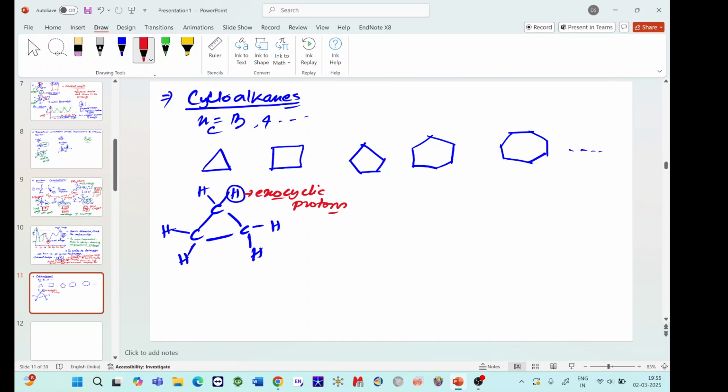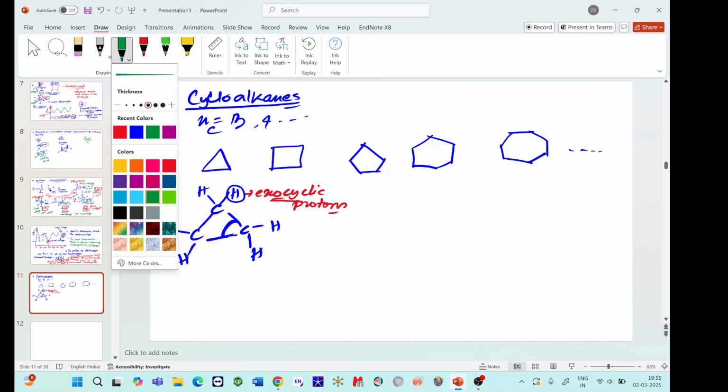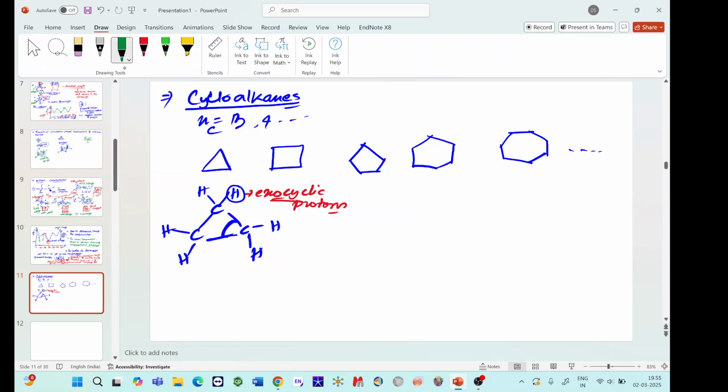This is outside the ring, outside the periphery. This is called exocyclic. Can you let me know what is the bond angle between the three carbons? Do you have any idea? So this is around 60 degree.